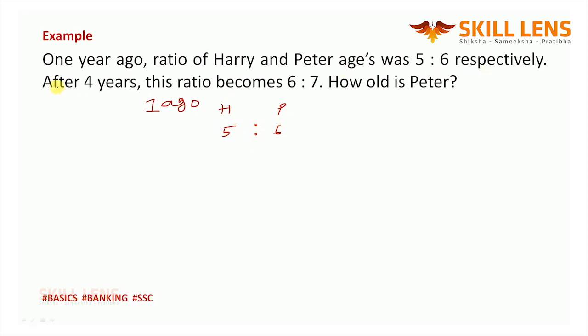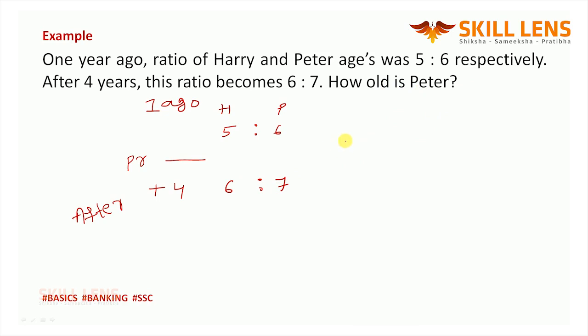Okay, respectively. After 4 years, there is one more ratio. What is the ratio? 6:7. Okay, 6:7.